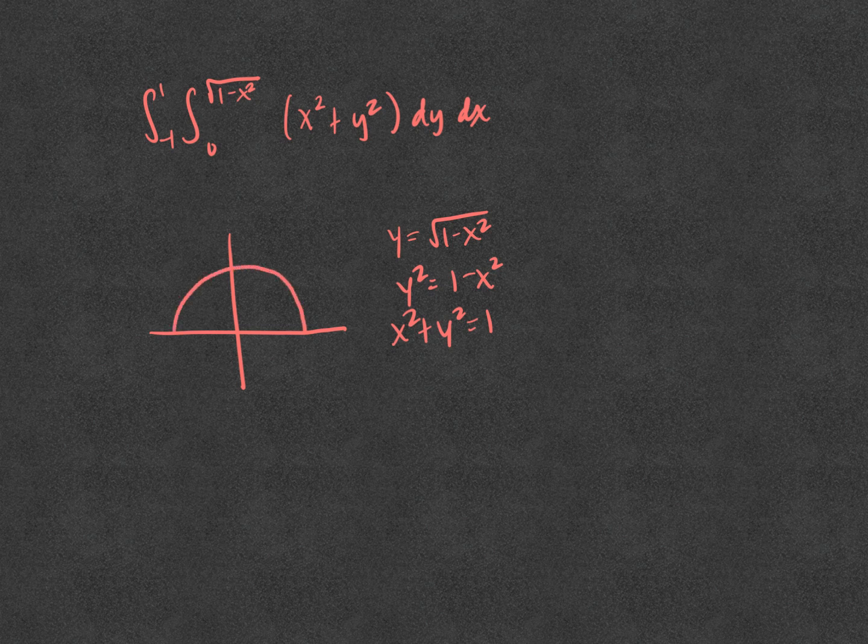So you have a half circle that's completely filled in. So you have the top half of the circle. So if you think about this, this would say R is (x,y) such that x is between -1 and 1, and then y is between 0 and that square root.